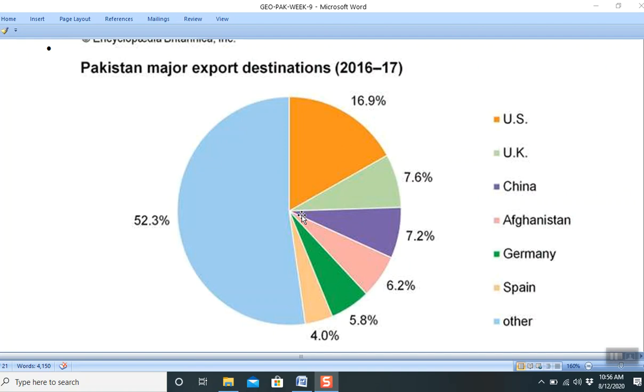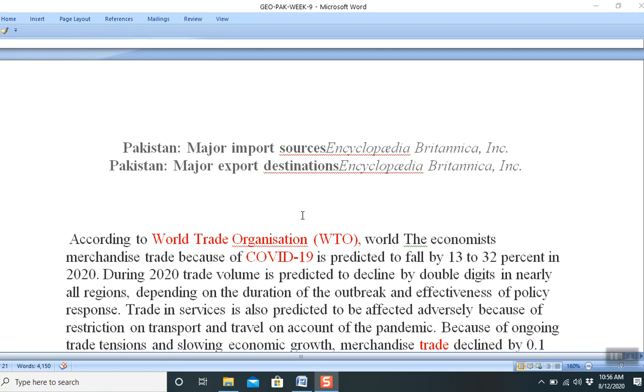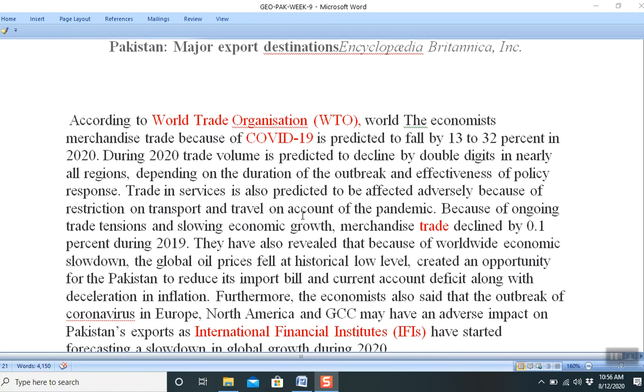Now, this is what every country does: on political reasons give relaxations. Fine. Likewise, Pakistan takes relaxation from many countries.